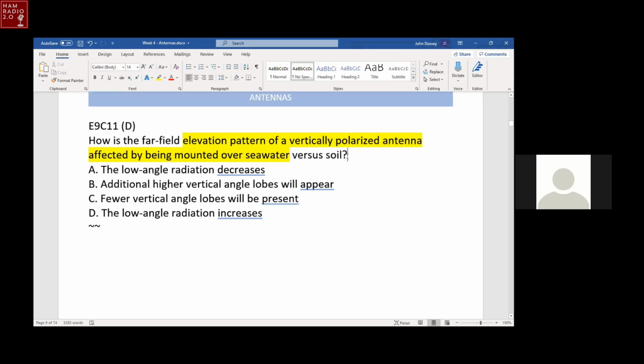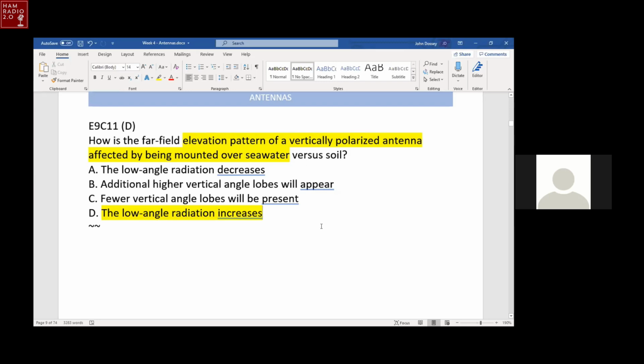So soil is not near that good of a conductor. So that's going to be a very good ground plane, and the low angle radiation increases for a vertically polarized antenna. Vertically polarized antennas like a quarter wave vertical or a buddy pole sitting vertical is a vertically polarized antenna.